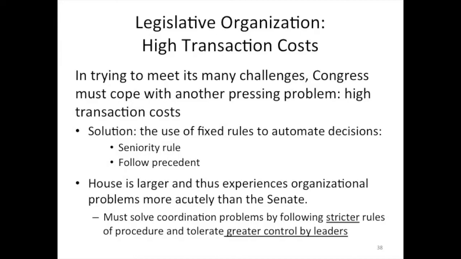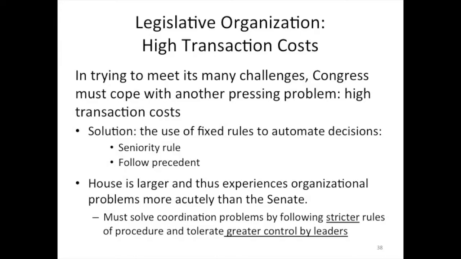Both the House and the Senate, though, make following precedent a part of the rules. In addition, seniority is also a criterion they use for leadership roles like committee leaders. And this helps eliminate too much time spent on electing new committee leaders in the committee of the whole. It reduces transaction cost, and it also helps reduce intra-party squabbling among congresspeople.